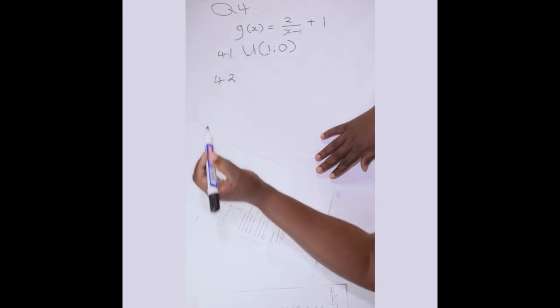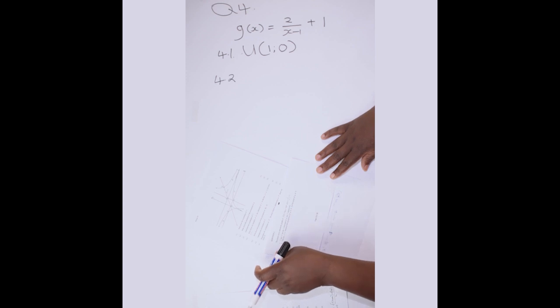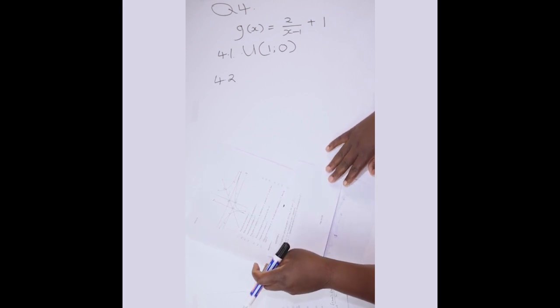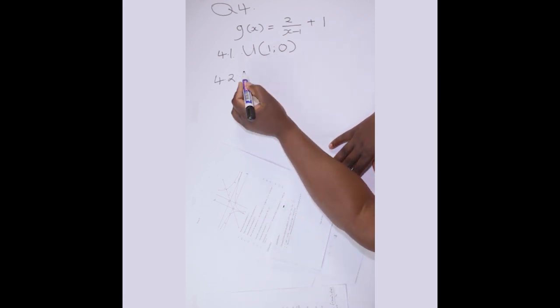When we go to 4.2, they say write down the equations of the asymptotes of g. They are repeating something here, because earlier you had to realize you were looking at the asymptotes of g. Now they are saying write down the equations.